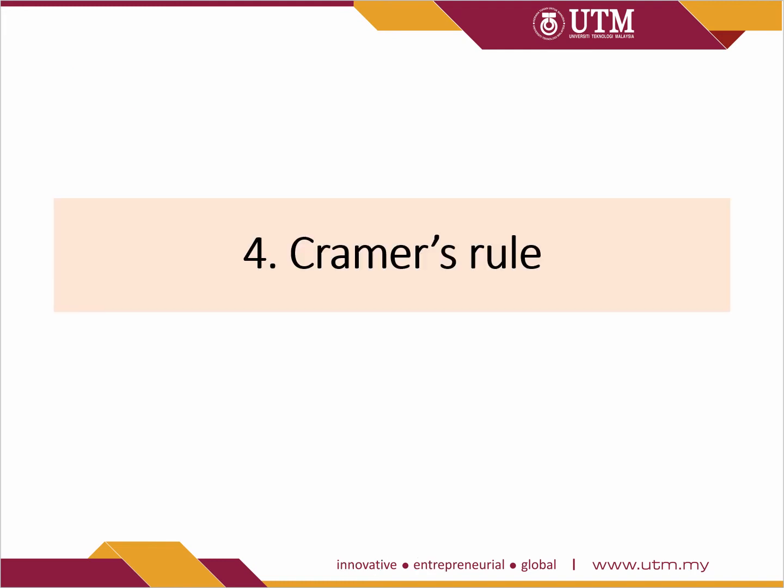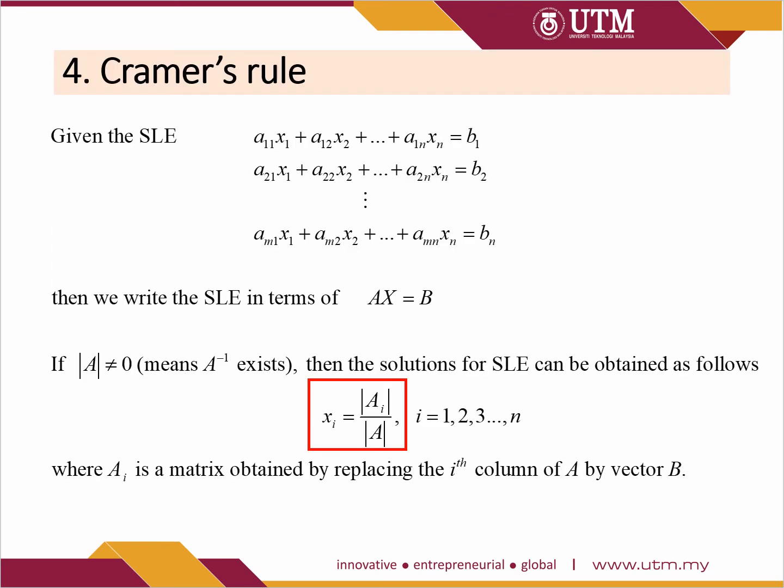The last method used to solve the system of linear equations is using Cramer's rule. Given the system of linear equations as this, we write it in terms of Ax equals b, where A is the coefficients of variables x1, x2, up to xn, which we call the coefficient matrix.